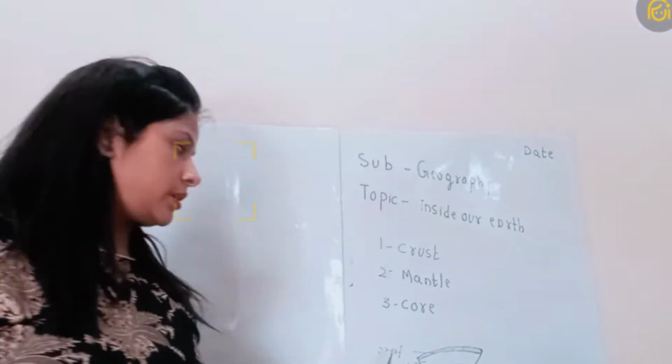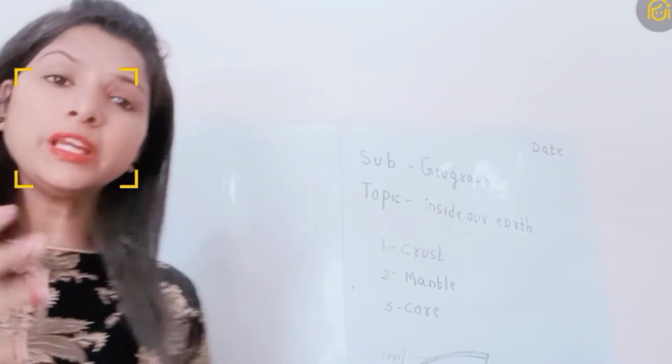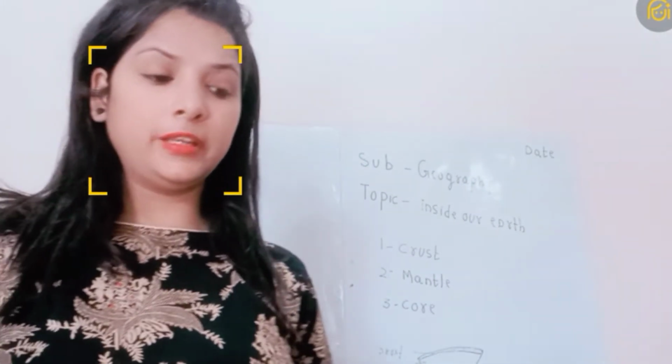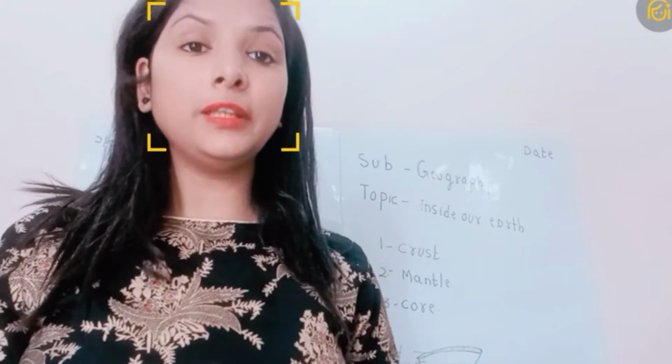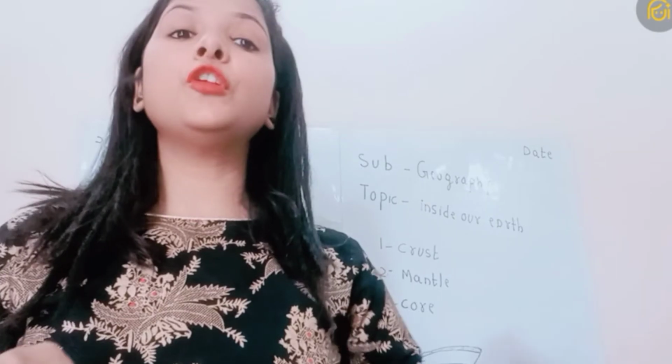Okay, as you can see here, crust. This one is crust. So it is the thinnest of all the layers. It is only 35 kilometers on the continental mass and 5 kilometers on the oceanic floor. Okay.